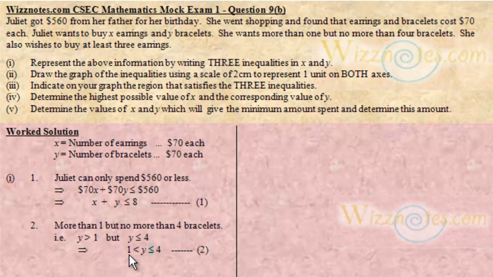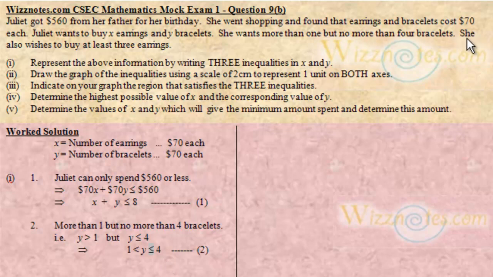So this inequality says that y is greater than 1, because inequality can be read from both directions, but y is less than or equal to 4. So this really is our second inequality, as outlined by our second condition.